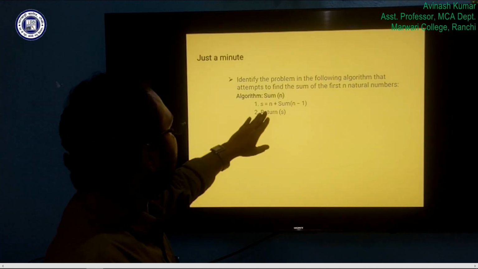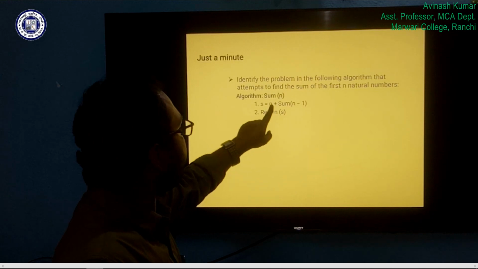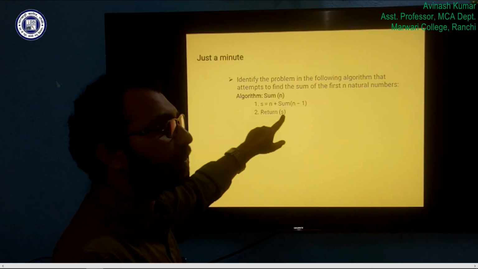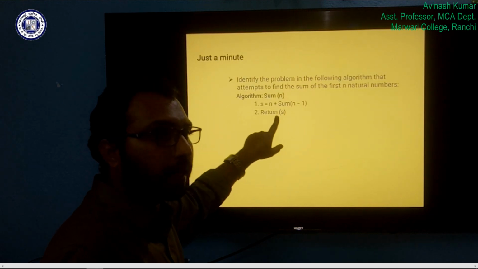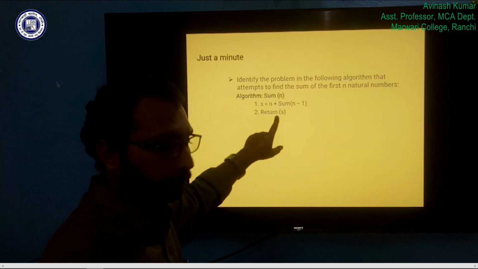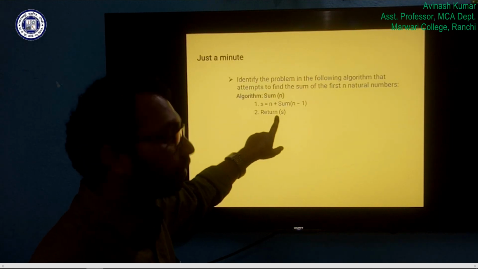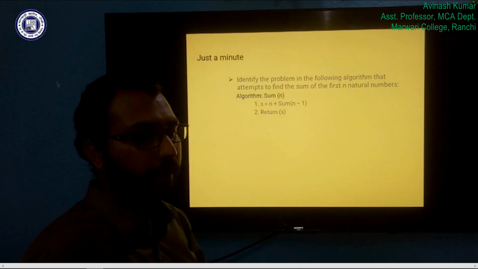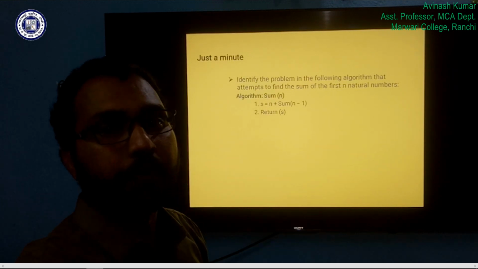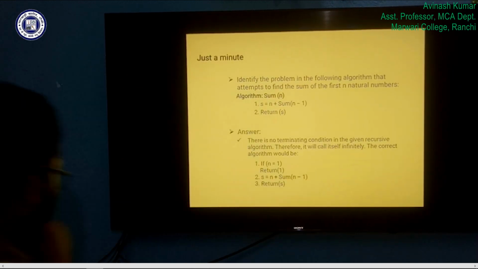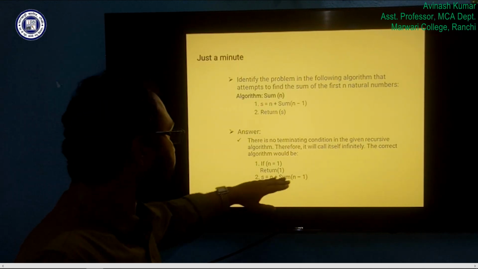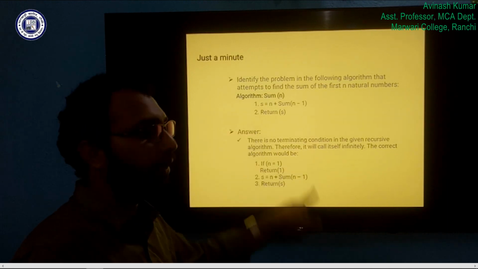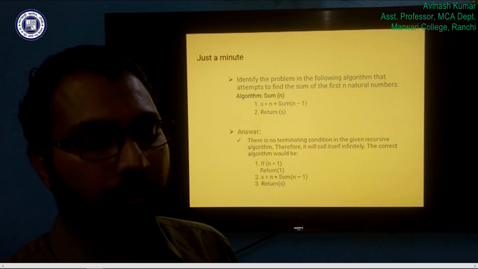Here, if we are going to perform n plus sum of n minus 1 and then we are going to return this sum, this program will run infinitely. Why will it run infinitely? Because we are not specifying any terminating condition. So we need to specify the termination. That is, if n is equal to 1, then return 1. Otherwise, you return the recursive call.